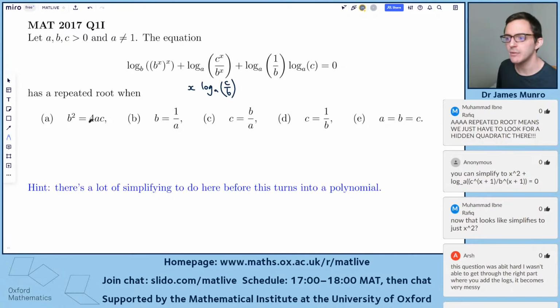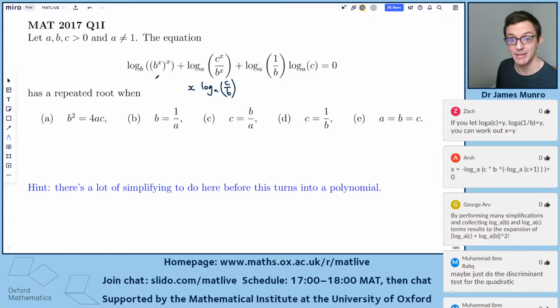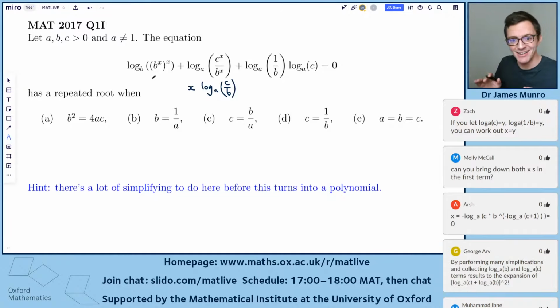Okay, let's try and simplify this first one. I saw some people telling me that this is just going to turn out to be x squared. If this is x squared, then we're basically done, right? Because if that's x squared, then we've got a quadratic. We're great at quadratics. Okay, so what is this? So law of powers means I could write this as x log base b of b to the x, where I've kind of ignored the fact that's a b to the x inside, and just used the fact that it's something to the power of x, so I'm going to bring out the x.